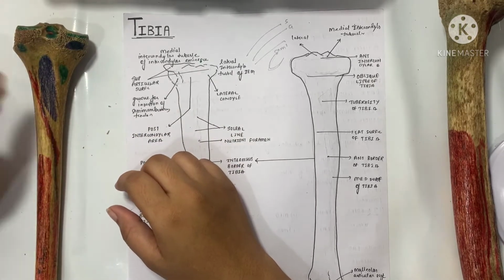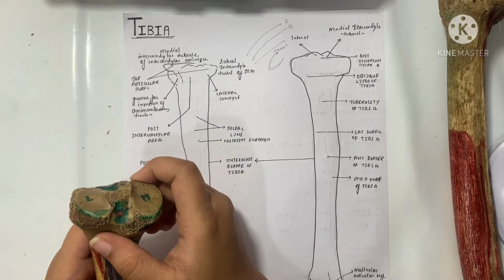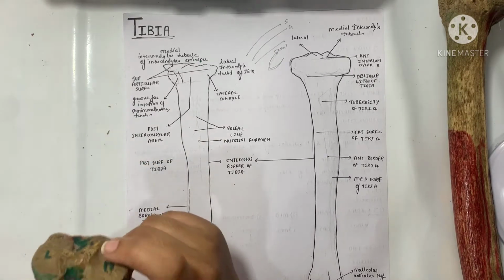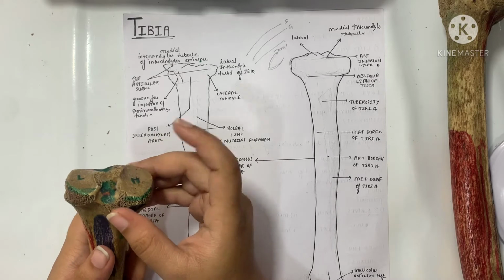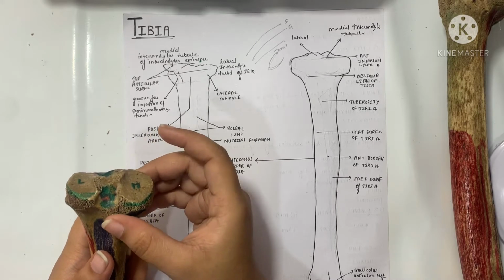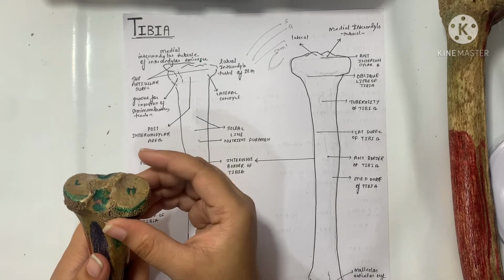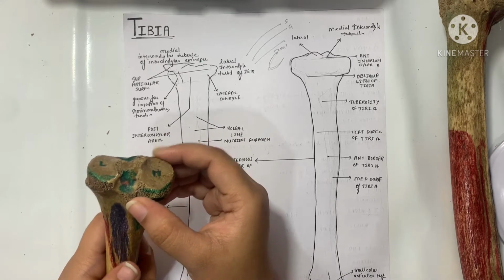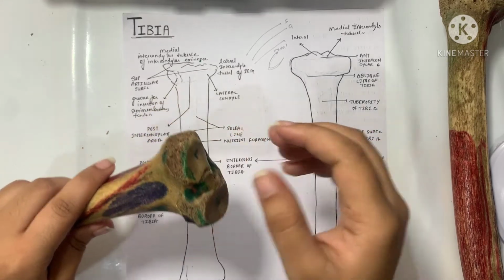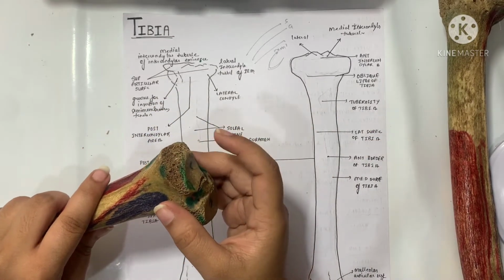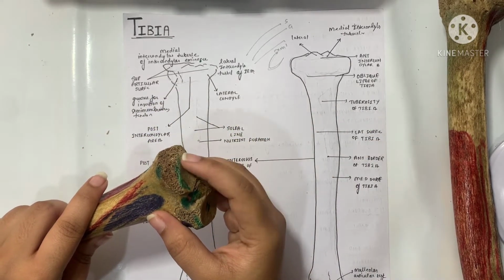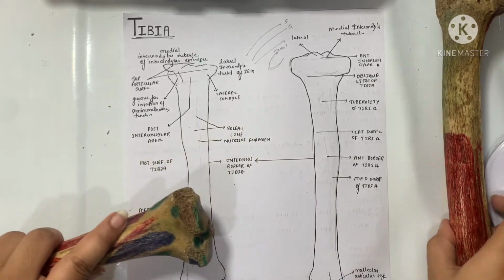Then coming to the next, that is the medial condyle. This is the medial condyle. It is larger, more prominent, and it is present posteriorly. Its upper surface carries an oval facet for articulation with the medial condyle of the femur. And this is the lateral condyle. It has an oval facet for articulation with the lateral condyle of the femur.